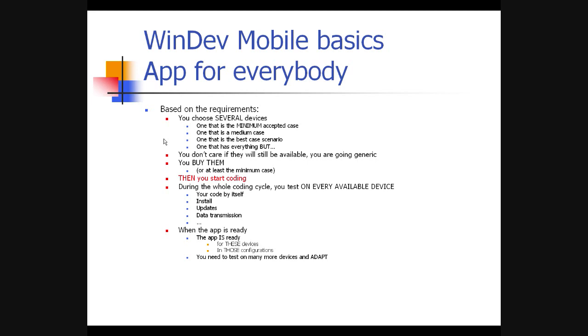But once you are at the step where your application is supposed to be finished and it's working on an array of devices that match all your requirements, then you have to test for all these things out there and, of course, buy them to do that, which means that it's going to cost a lot of money. These devices do not come cheap, that's for sure.